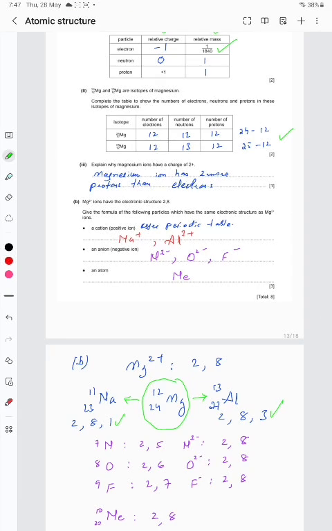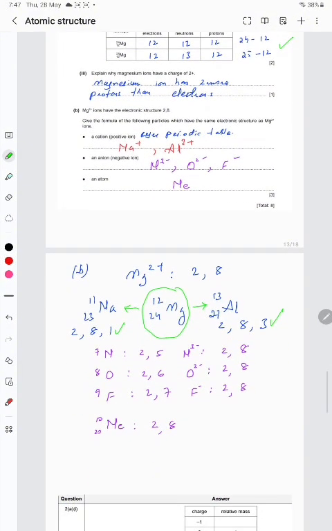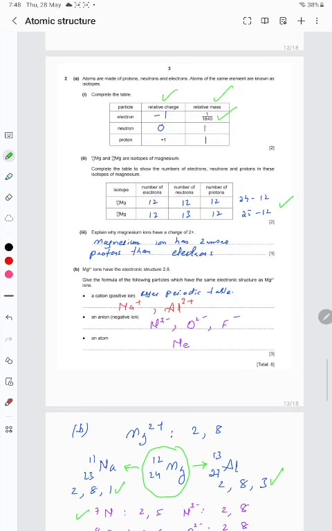Since in this case you have to write the negative ion as well, you will search for negative ions in series with magnesium. You have to refer to the periodic table. One is nitrogen, then oxygen, then fluorine, but let's first answer this part.